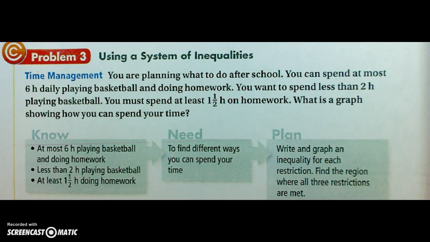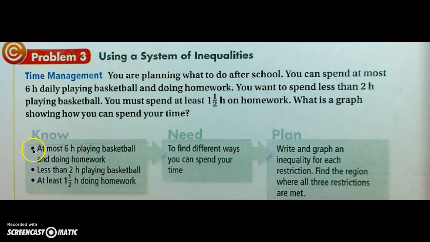You are planning what to do after school. You can spend at most 6 hours daily playing basketball and doing homework. You want to spend less than 2 hours playing basketball. You must spend at least 1.5 hours on homework. What is a graph showing how you can spend your time?